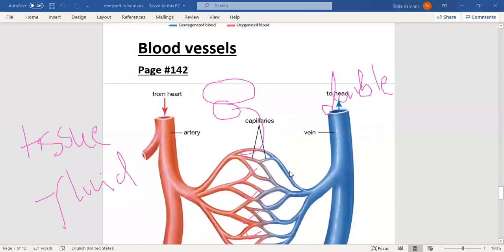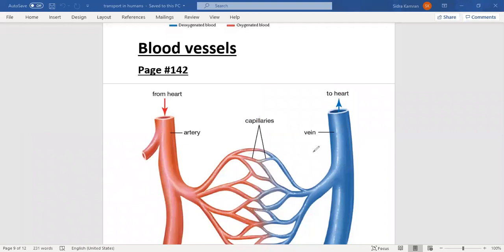Next, the next topic is blood vessels. Page number 142 of your book. As we know, there are three types of blood vessels: arteries, veins, and capillaries.